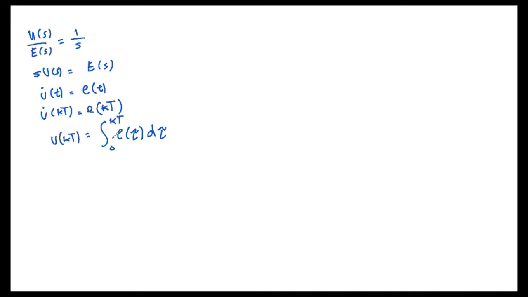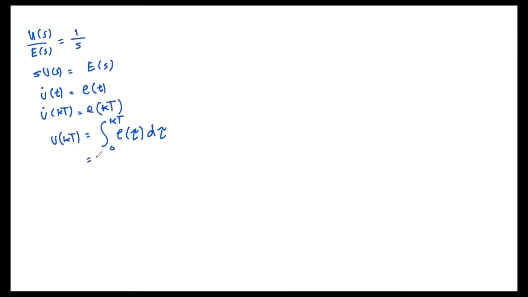So this is how we can get u of kT, and please note that in place of u of kT we can simply write u of k, and that would mean the same thing, to simplify the notation.